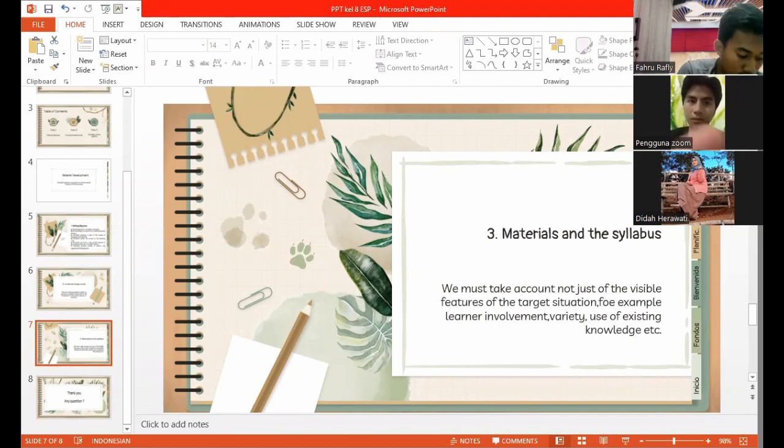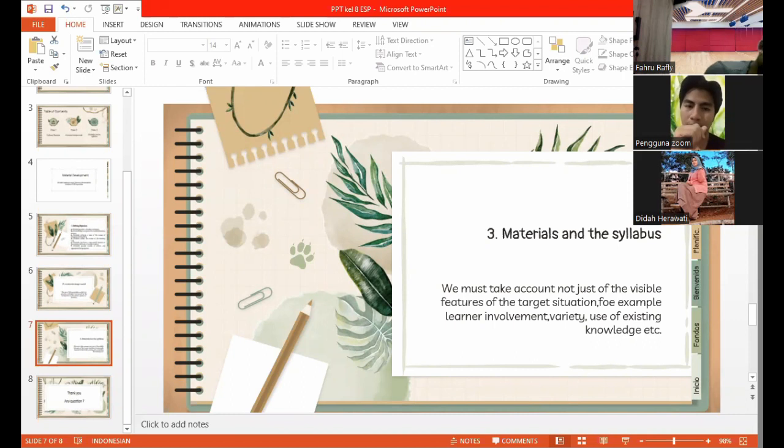And the last is materials and the syllabus. We noted in chapter 7 that although one feature might be used as the organizing principle of a syllabus, there are in fact several syllabuses operating in any course. We note also, when dealing with needs analysis in chapter 5, that we must take account not just of the visible features of the target situation, but also of intangible factors that relate to the learning situation.